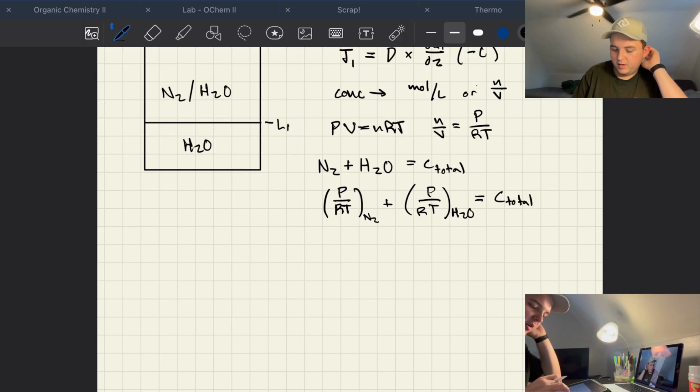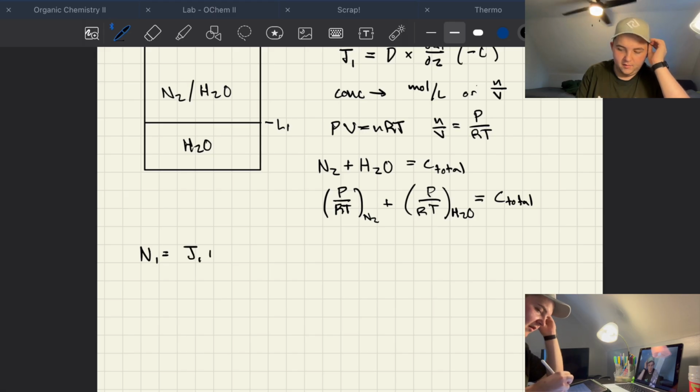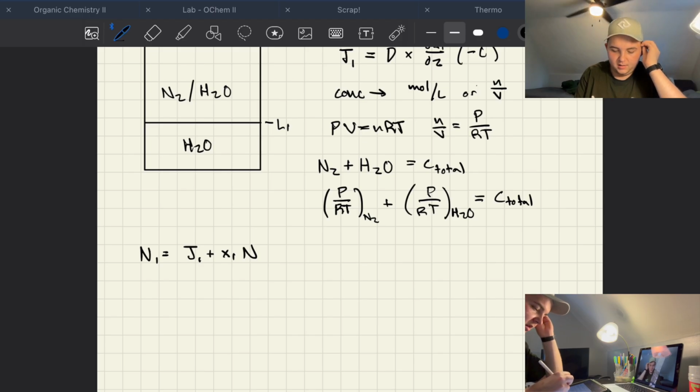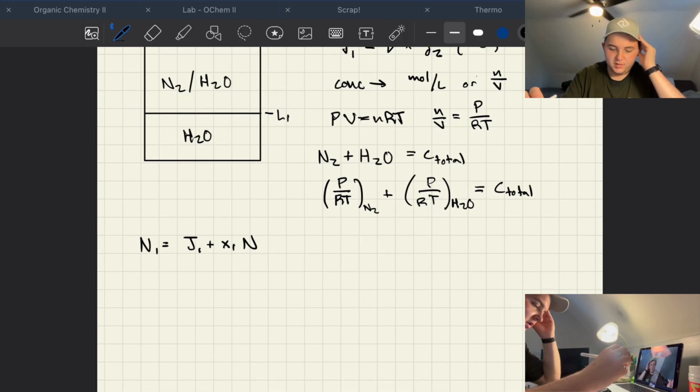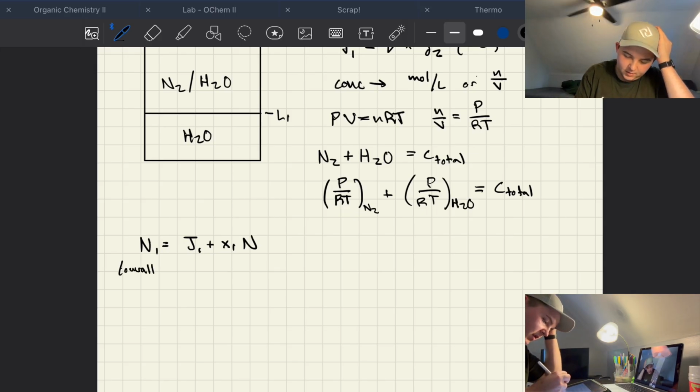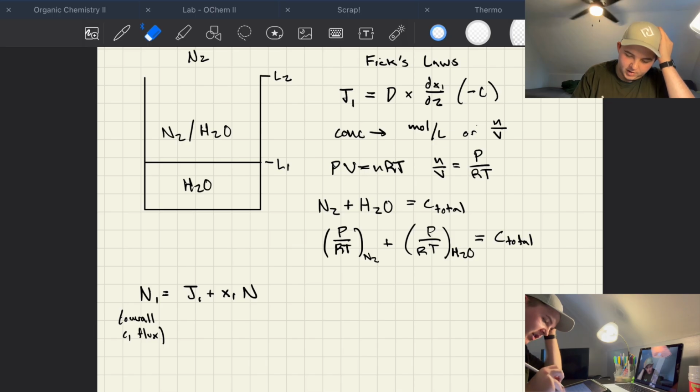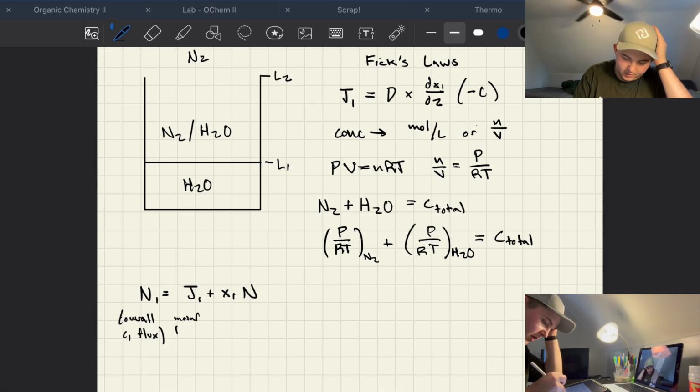So next we're going to write out our flux equation. N1 is equal to J1 plus x1 times N. Our N1 is our overall flux of component 1. Then we have our J1, which we already defined as Fick's law, our molar flux, which is what we're going to be solving for later.